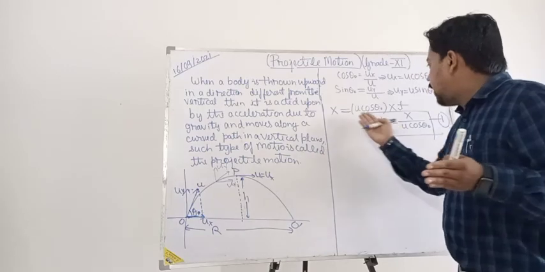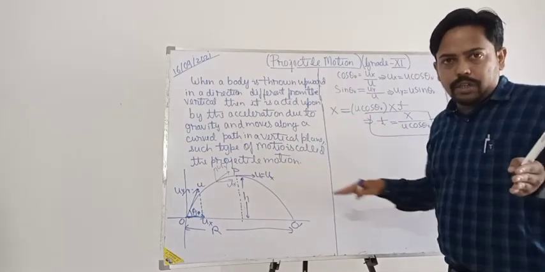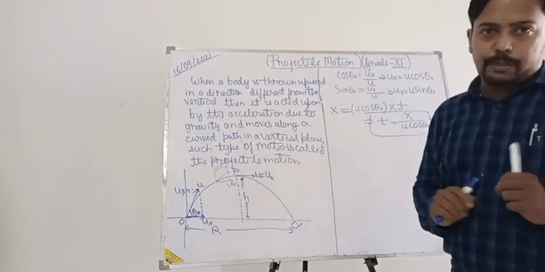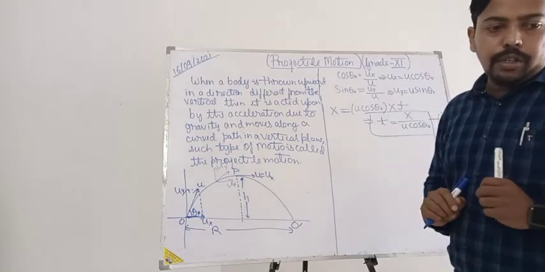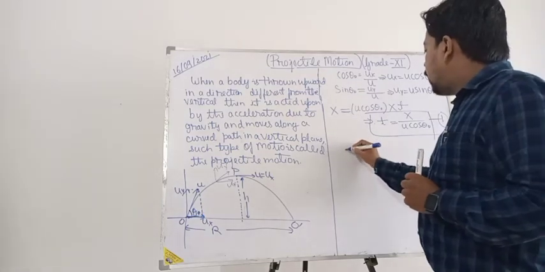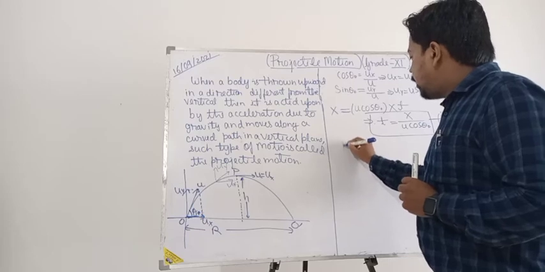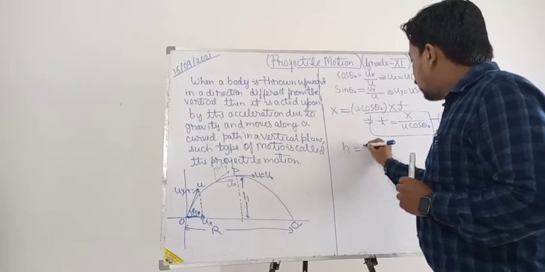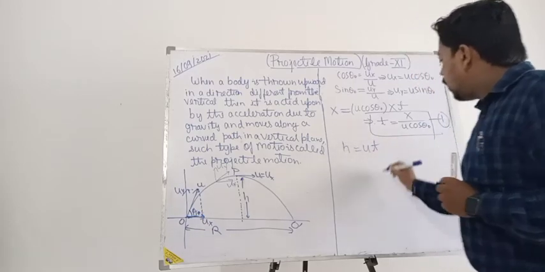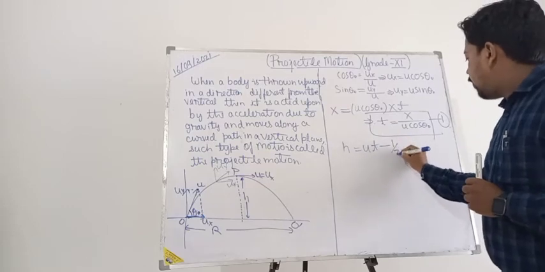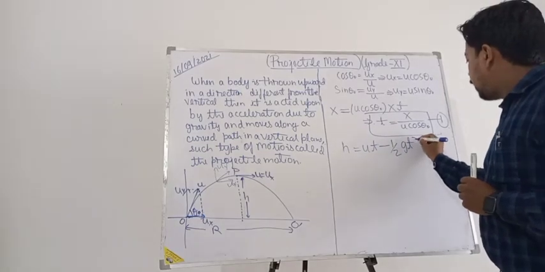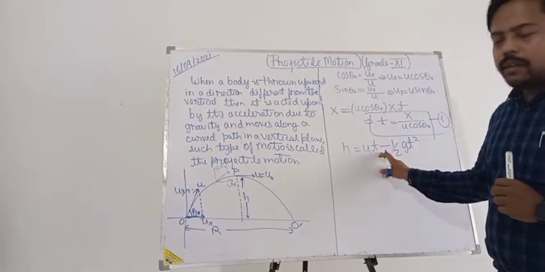Here we have calculated the parameter x, the horizontal displacement. But what will be the vertical displacement in that case? Which formula will we be using? We will be using this formula, h = ut - (1/2)gt². Why am I writing this minus?